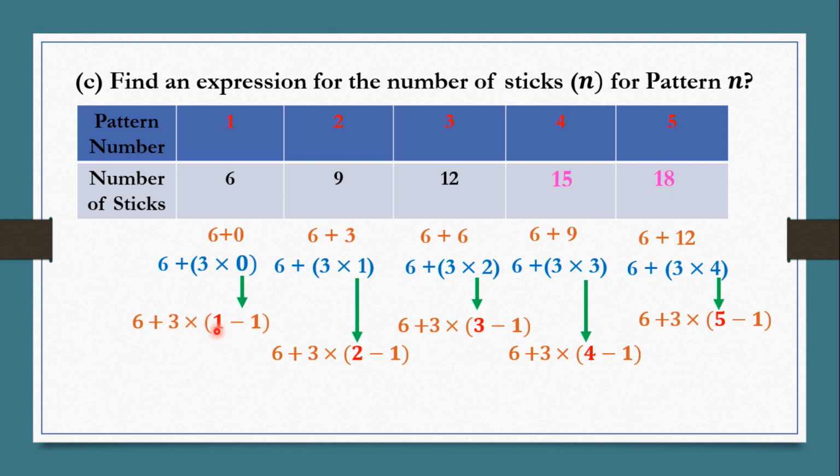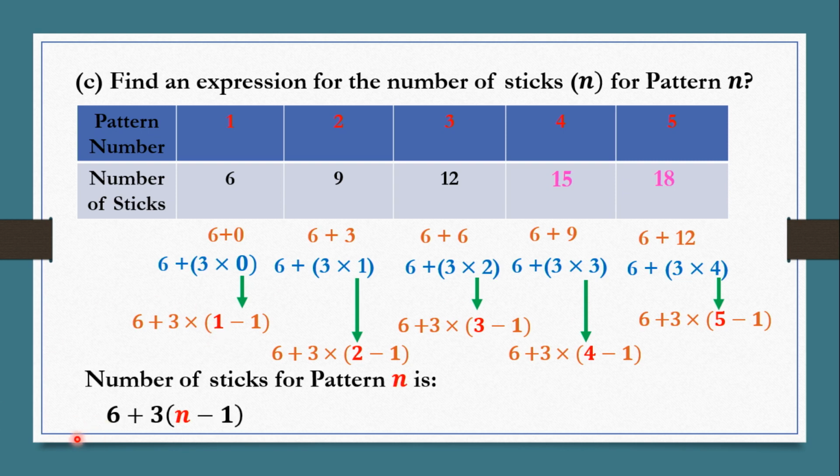So, for pattern n, we will have 6 plus 3 into n minus 1. Now, expanding the brackets, I'm going to have 6 plus 3n minus 3. And 6 minus 3 will be 3. So, the number of sticks for pattern n is 3n plus 3.